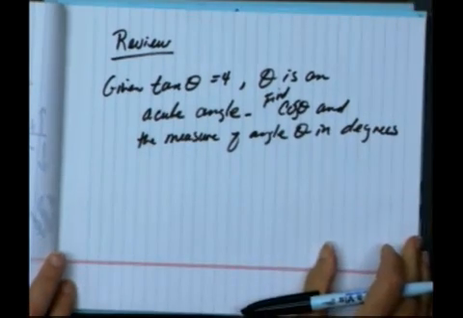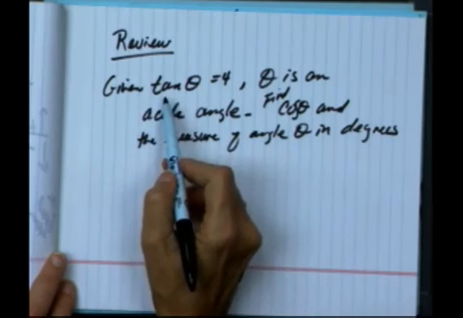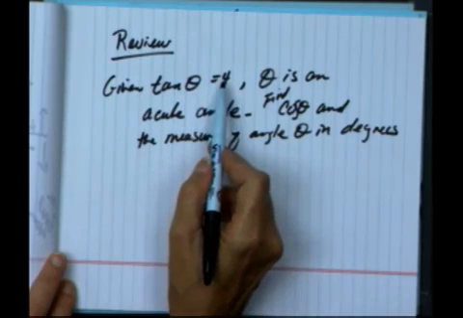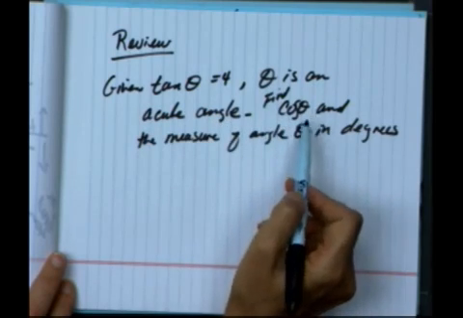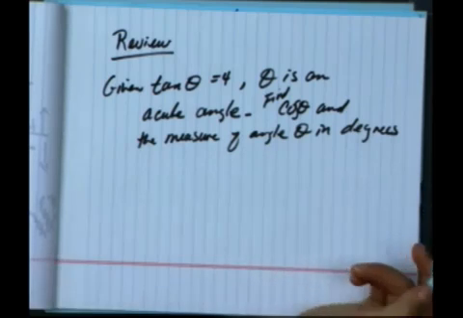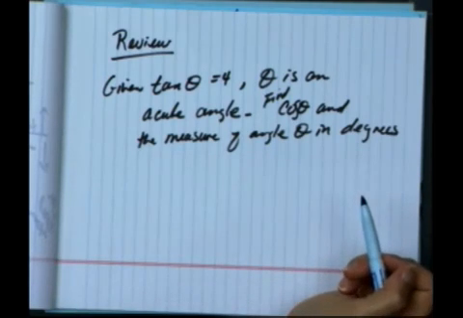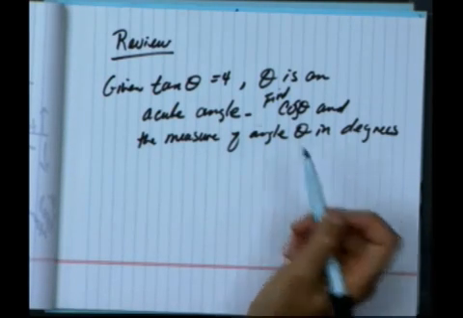Okay, can you read that somewhat? We're told that the tangent of angle theta is 4, theta is an acute angle, and we're asked to find the cosine of theta and the measure of theta in degrees. What would you do, everybody?